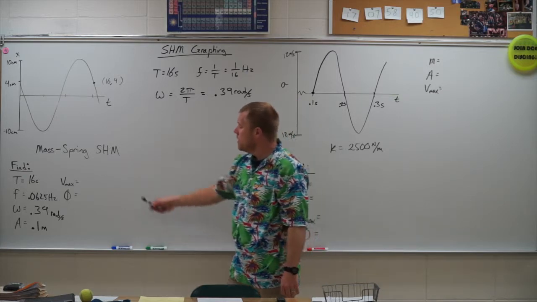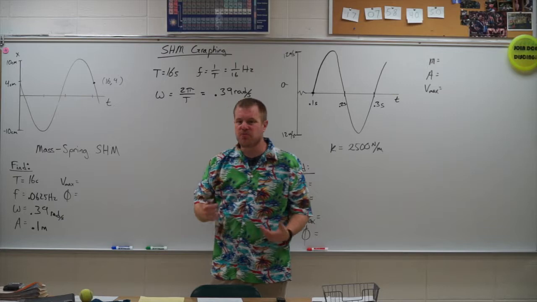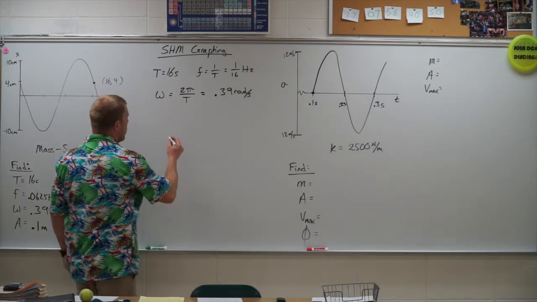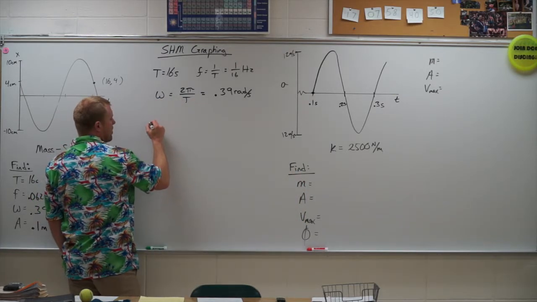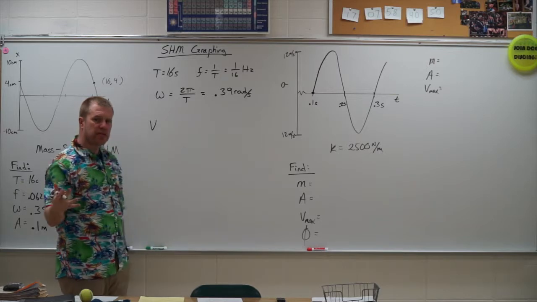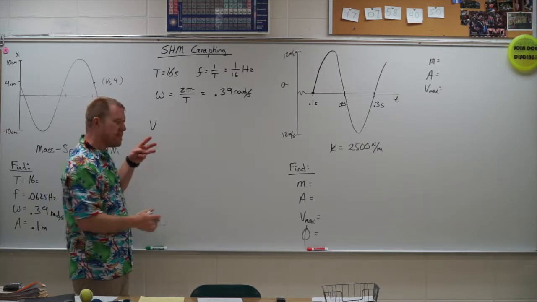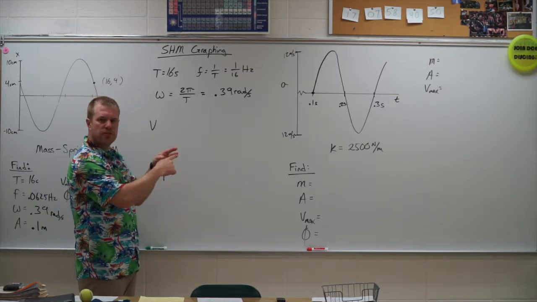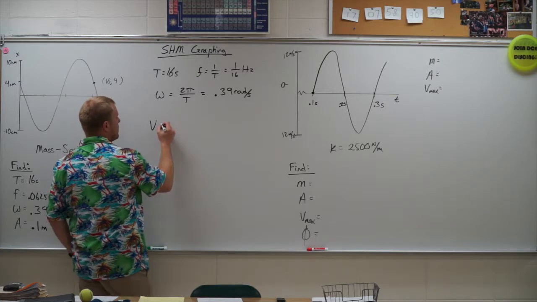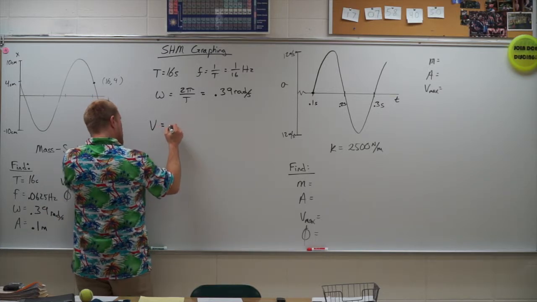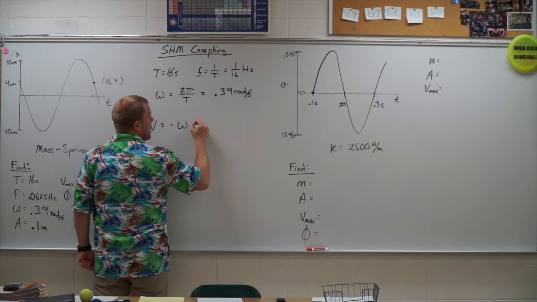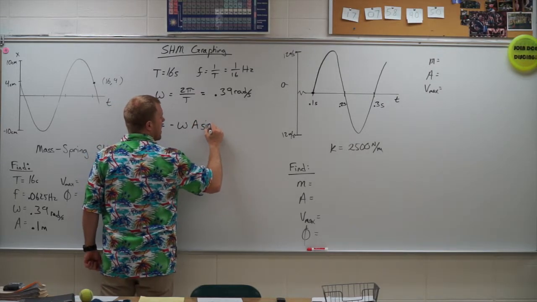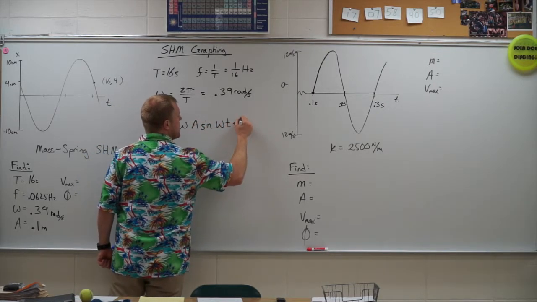Okay. Next, we're going to look at Vmax and phi. For that, we're going to have to look at some of our equations. If you think about simple harmonic motion, we had those 3 basic motion equations: the position, the velocity, and the acceleration. Our velocity function was negative omega A sine of omega t plus phi.